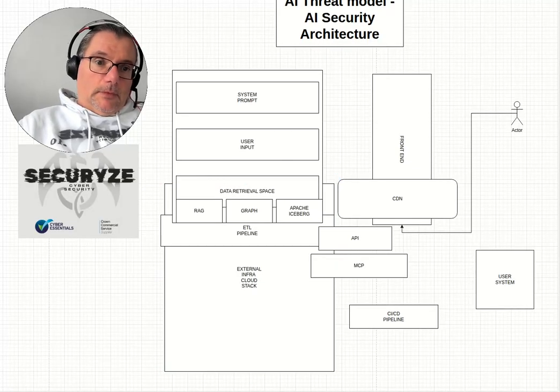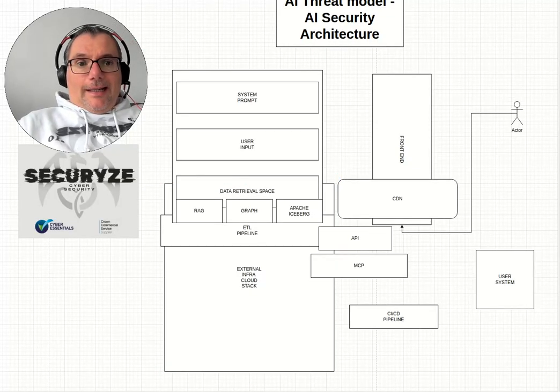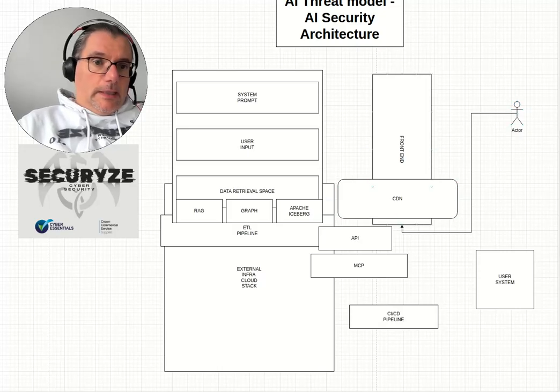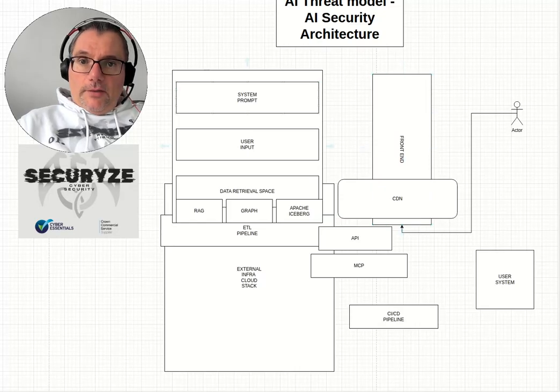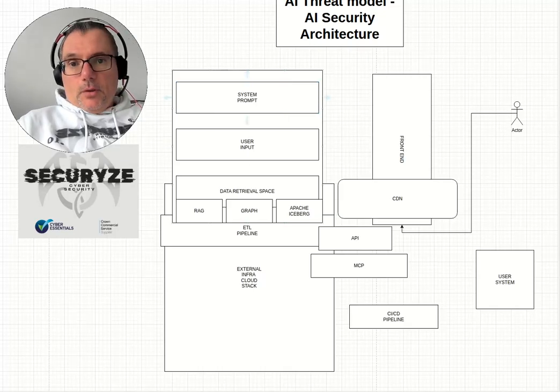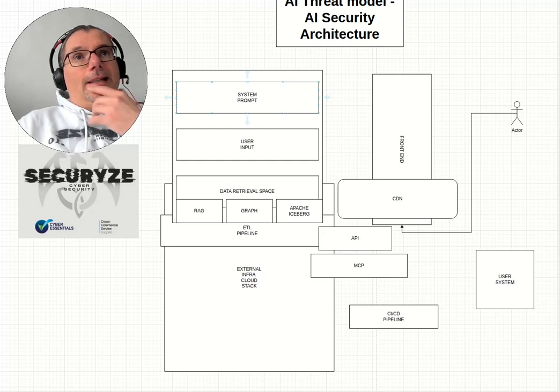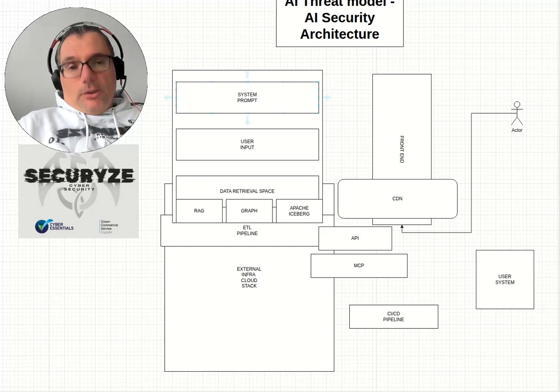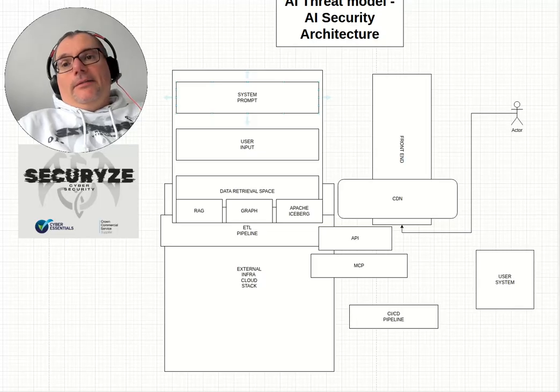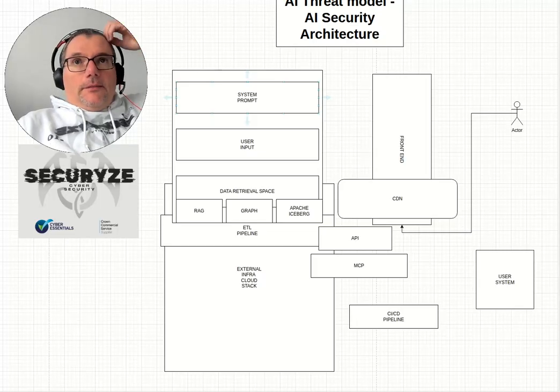Now, the client connects to the CDN. There is the deployed front end. This one is the main AI system backend that is divided by system prompt and user input. Now, the system prompt is where an indirect prompt injection happens. For example, retrieve an email, take a command that is within the mail and perform an action.